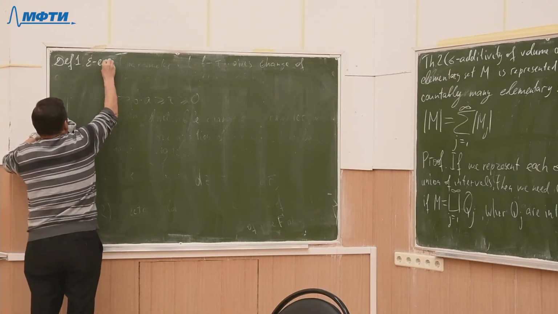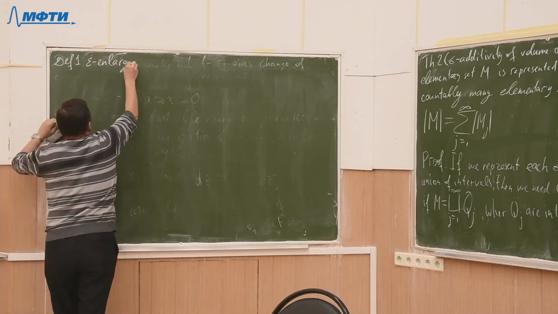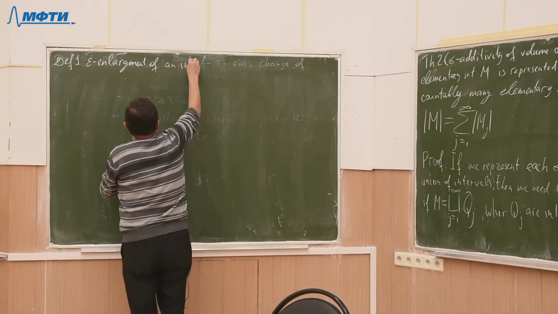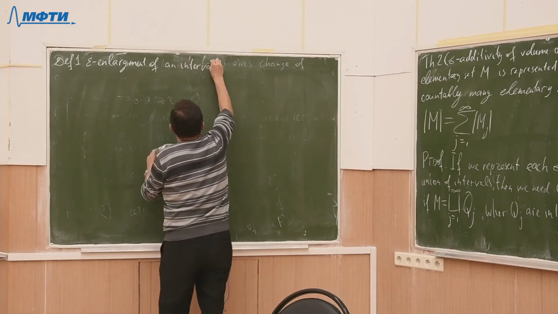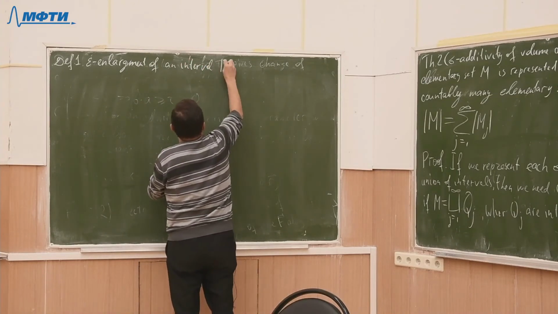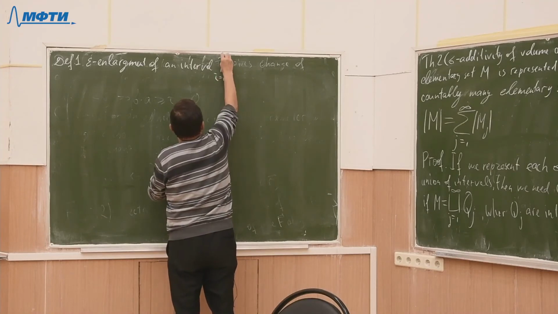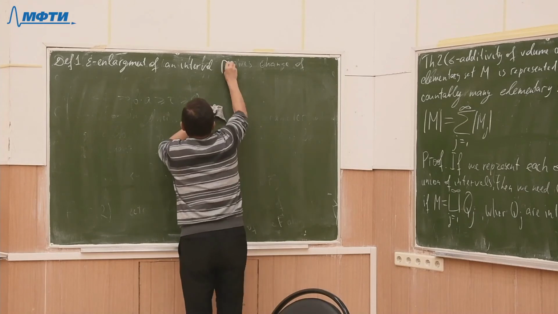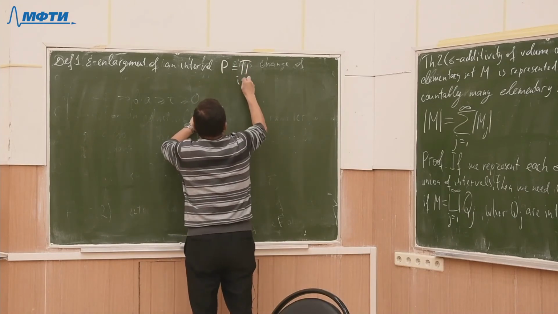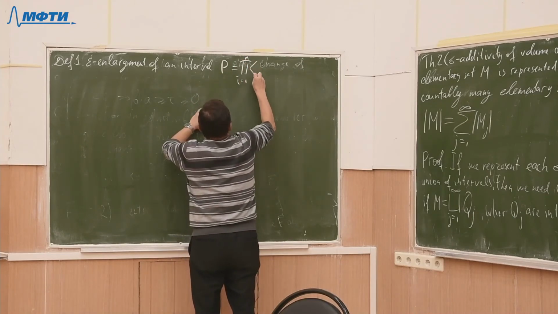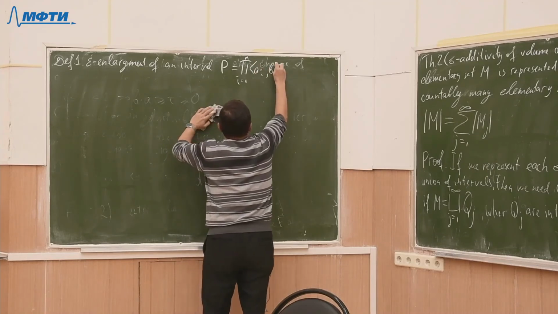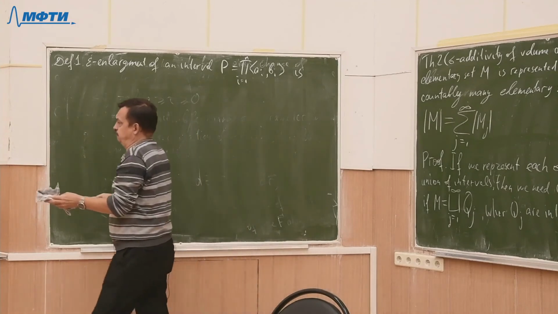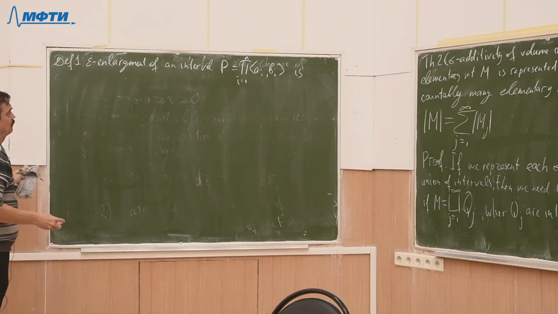Epsilon enlargement of an interval, let's say p equals the product over i from 1 up to n of the intervals ai, bi, is the following.